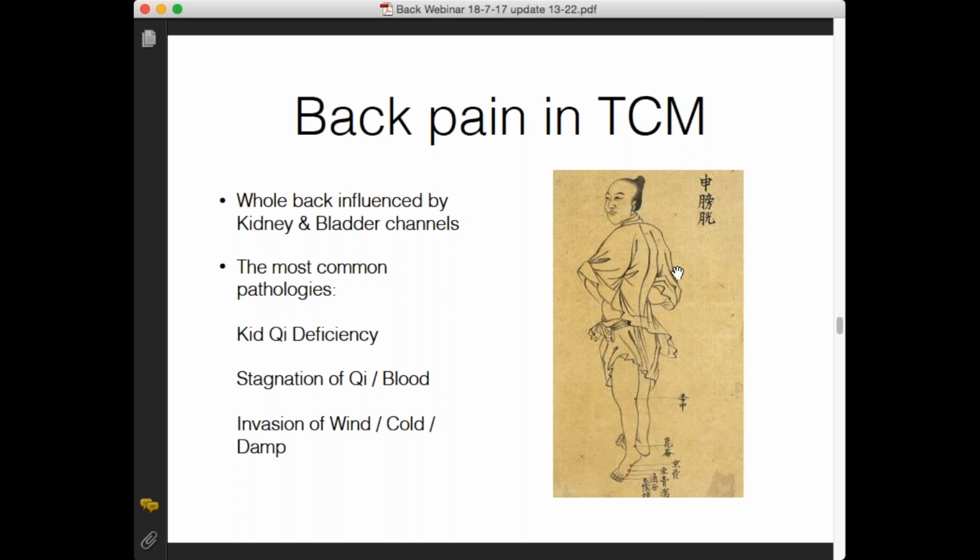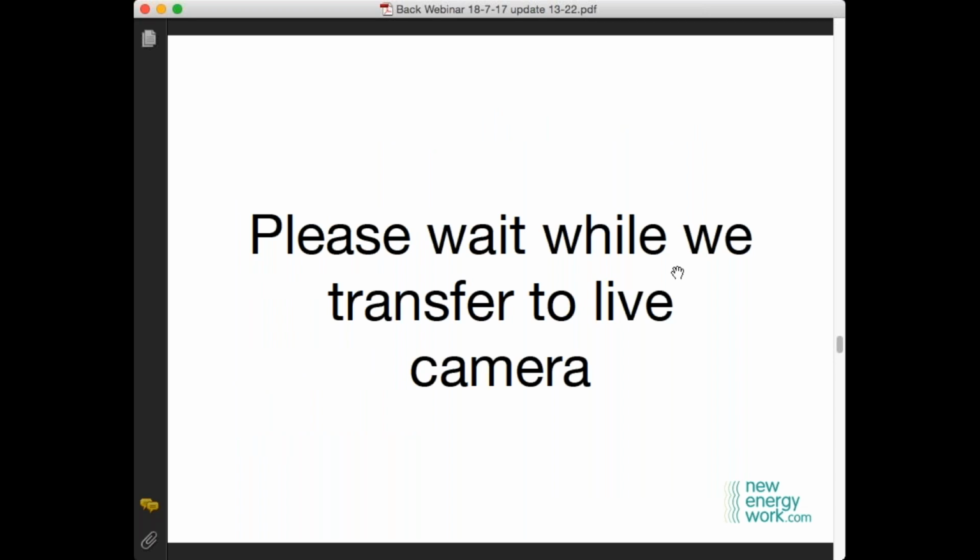And liver qi stagnation, which we may come on to later, often reflects around the lower thoracic, the mid-back. And obviously that often comes from emotional causes. Exactly. The most common cause of liver qi stagnation is held emotion. Yes, absolutely.